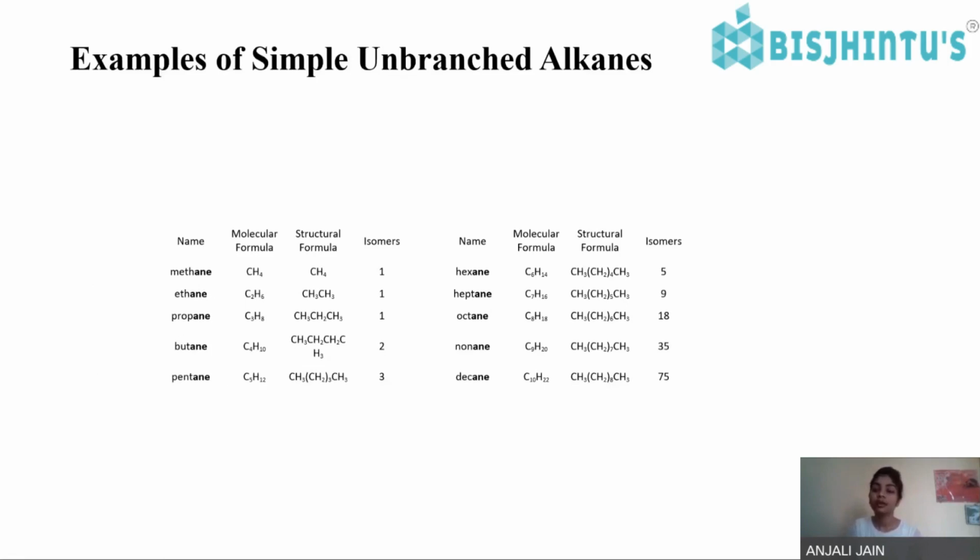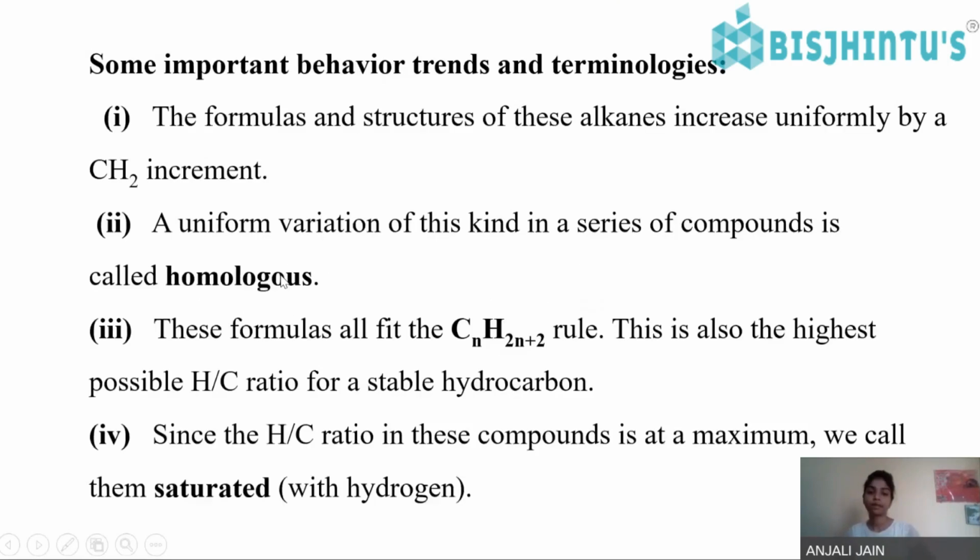So CnH2n+2 is for alkanes, CnH2n is for alkenes, and CnH2n-2 is for alkynes. Over here I am talking about alkanes. So if I put the n value as 1 in methane, that will be CH4. This was the formula I was talking about for alkanes.